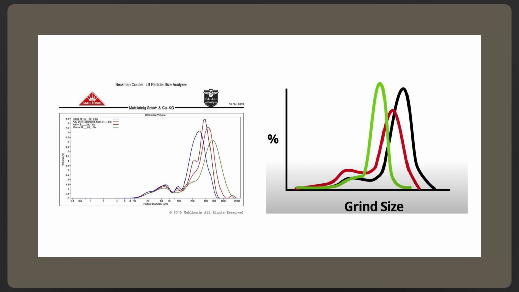If you look on the left side, this is actual data from different grinders, and on the left-hand side of that distribution, we see that little peak of fines. Those fines can cause us problems, because if we're making the coffee thinking about the peak, those fines are going to get over extracted. So we're trying to get as unimodal a distribution as possible.